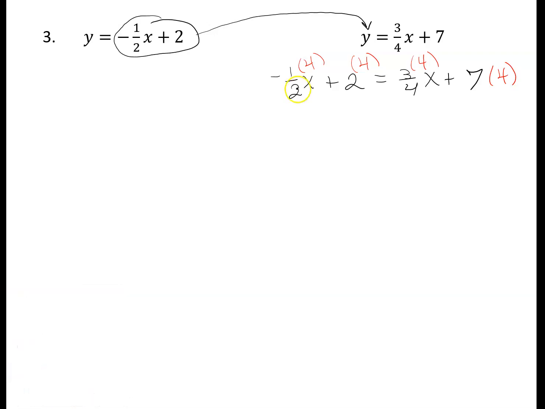Okay, when we do that, we're going to divide 2 into 4, goes 2 times. So I've got a negative 1 times 2x would make that a negative 2x. And then 2 times 4 will make this 8. Over here, we're going to divide the 4's out. So we'll just get 3x. And 7 times 4 is 28.